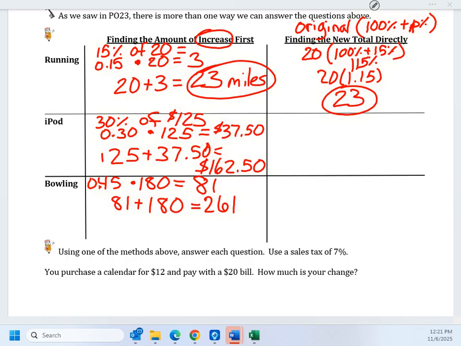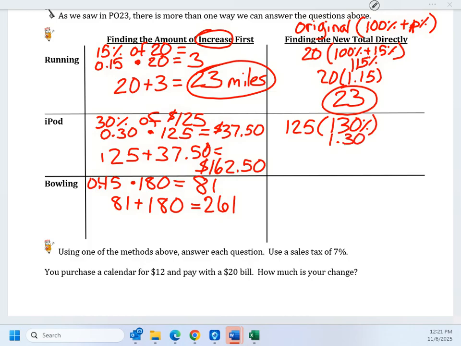So let's look at our iPod. Our iPod was originally $125. What am I gonna multiply that by? What do I multiply 125 by? Victoria? What is 100% plus 30%, Victoria? 130%, right? Because that's the 100 plus the percentage you're given, which is 1.30.